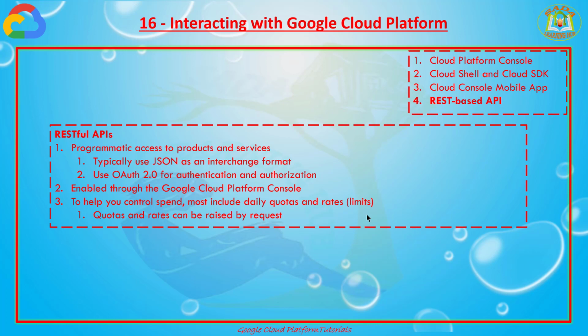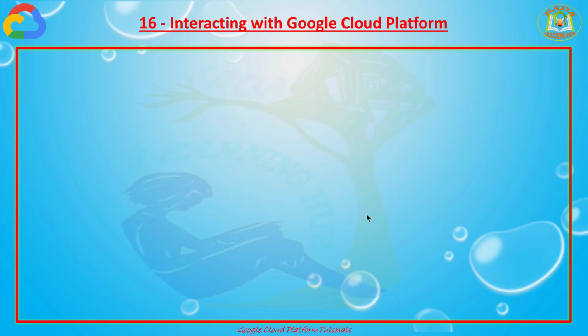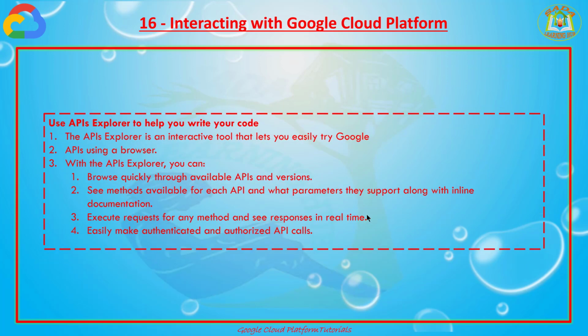Use the API Explorer to help you write your code. The GCP console includes a tool called the API Explorer that helps you learn about the APIs interactively. If you want to interact with the GCP cloud by using the REST API, the API Explorer gives you a clear picture of what APIs are there.